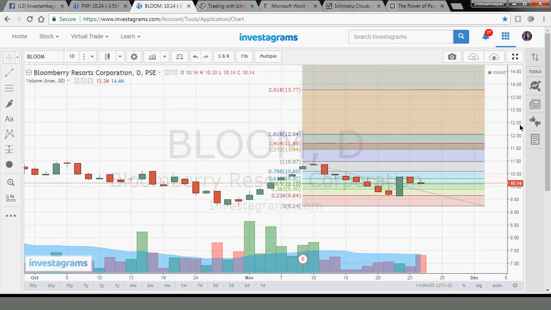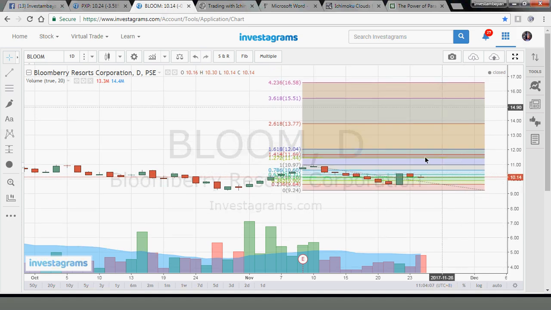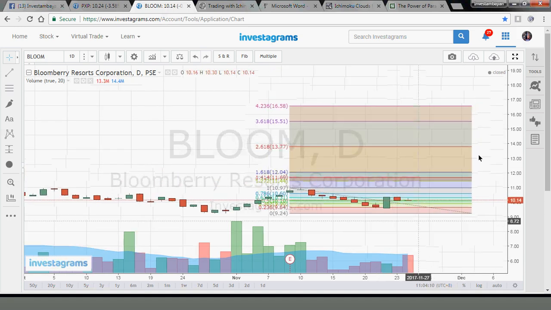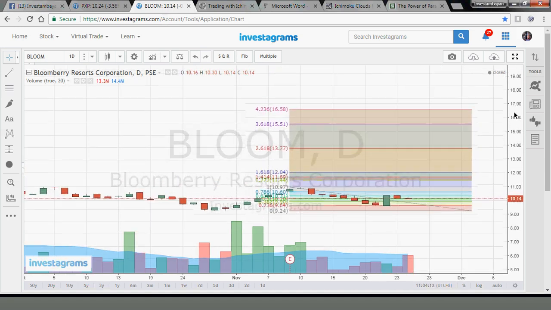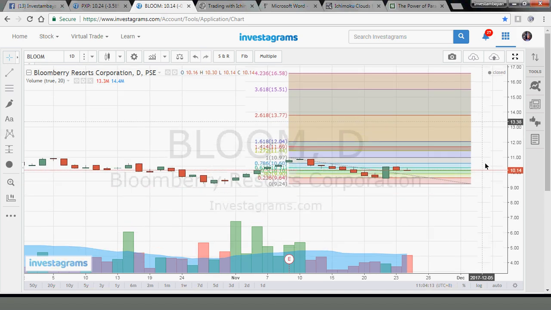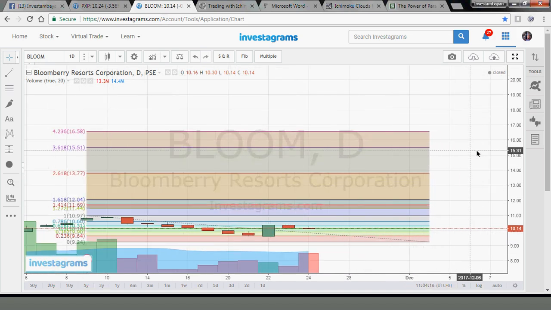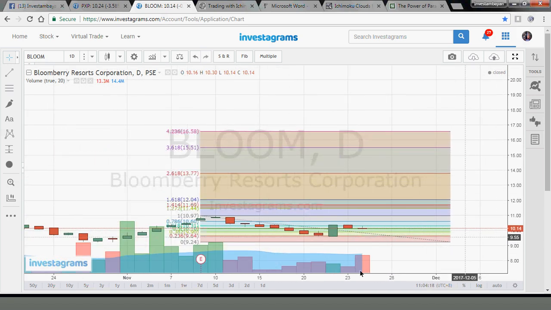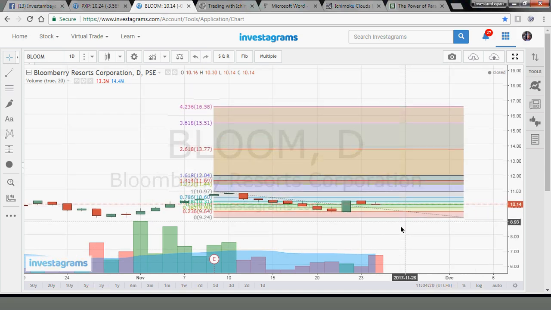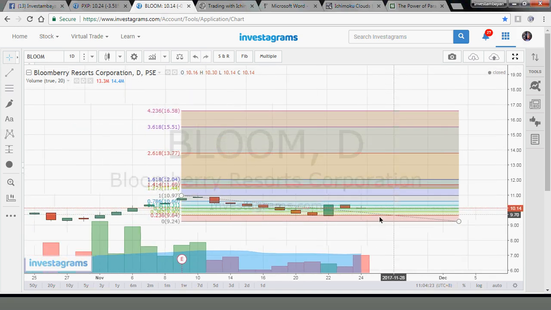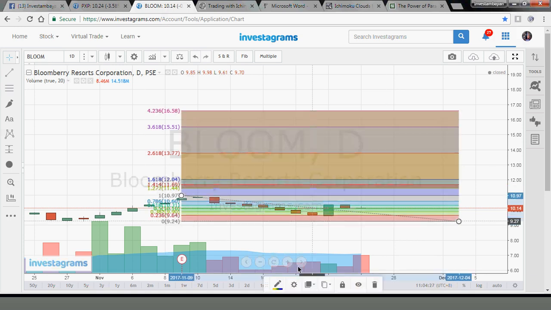Halimbawa, tumaas na pataas yung stock. Ano naman kung halimbawa dito, syempre may mga stock na extend siya. Extend yung trend niya. Ano gagawin mo? Dito na siya sa banda. Diba?